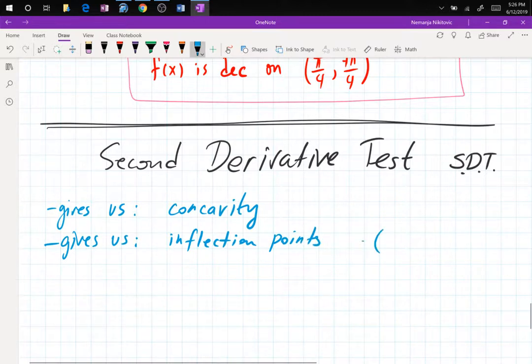I'll put in parentheses to explain inflection points: change in concavity. So concave down changes to concave up changes to concave down. Your increase and decrease, they switch at min and max. Inflection points change concavity.